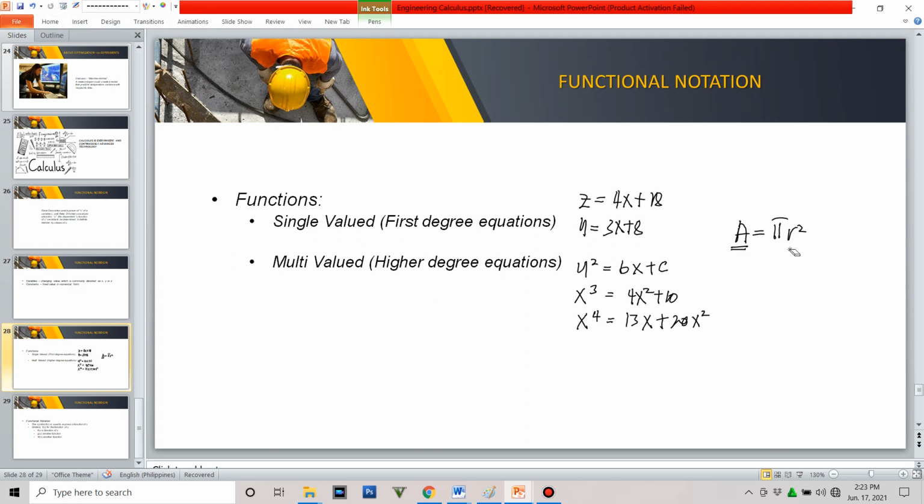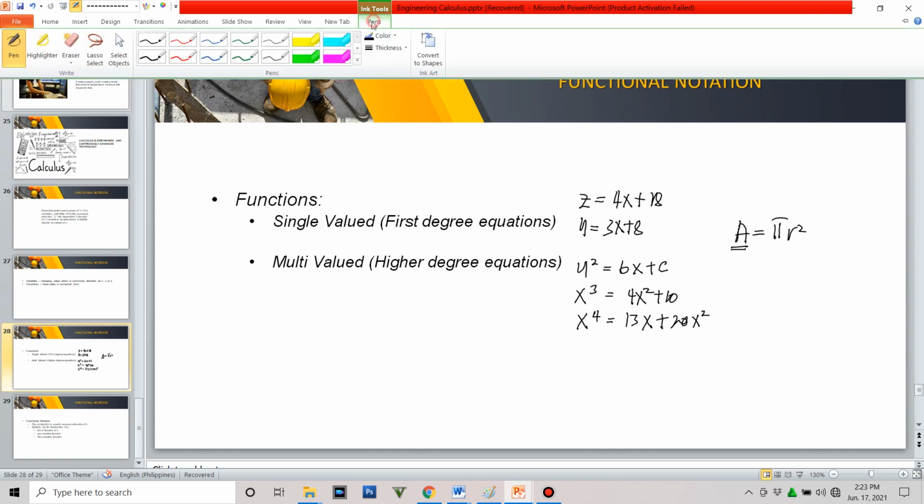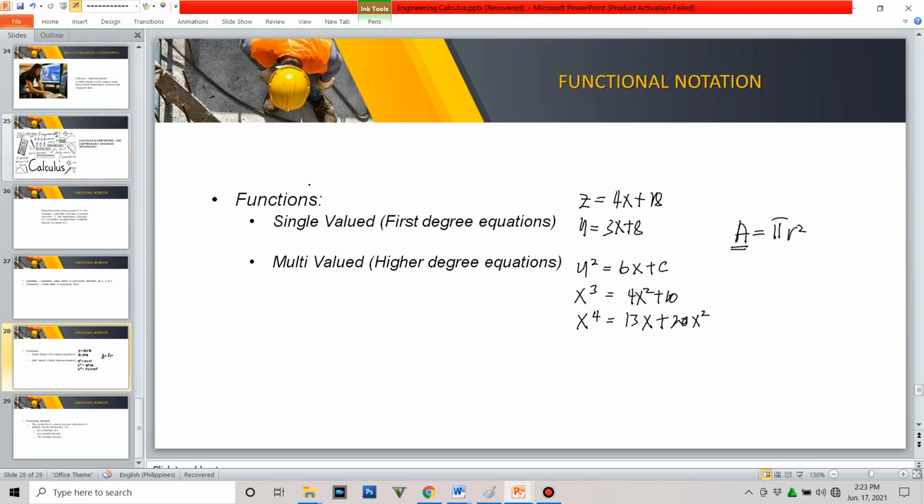So that just means the radius is a changing value, meaning as the radius changes, A changes also. A certain change in r would mean change in the area. So, meaning the area is dependent to the radius. So this is the dependent variable.